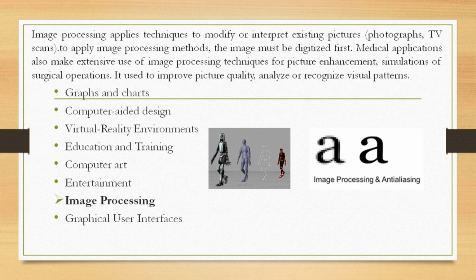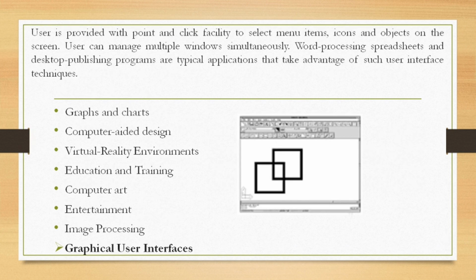Then the last one we have is the graphical user interface. Any interface which helps us to pick some options and do some operations on that window is known as a graphical user interface. For example, Paint helps us to pick a particular color, a brush, pen, or pencil.